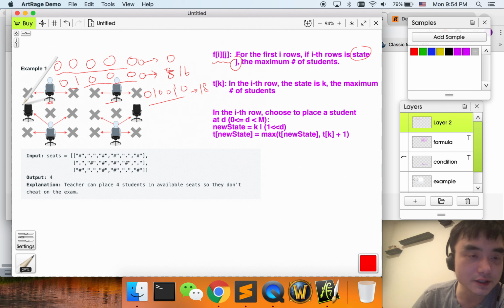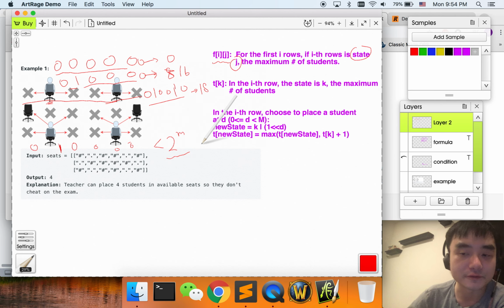So for each row, we can have a state because each seat is either occupied by a student, which is 1, or not occupied by a student, which is 0. So for each row, we can always get a number that is less than 2 to the power of m in decimal format, right?